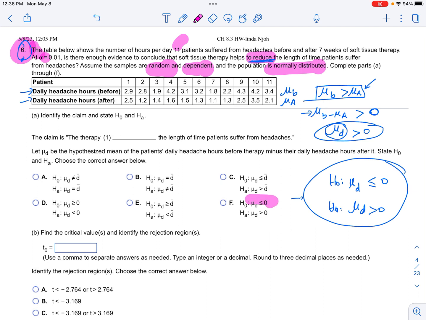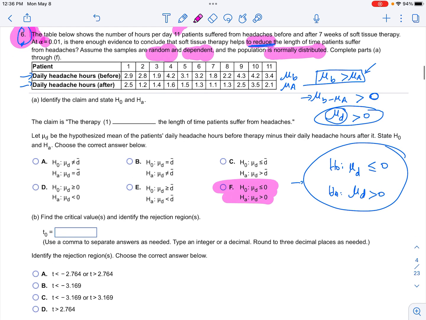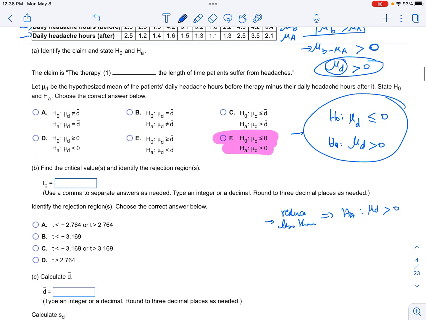F. And I'm going to give you a little trick, and I will say that again when I see you guys in class. In the pair t-test context, when you see reduce, less than, or anything in that verbiage, what we mean is that HA is mu D greater than 0.